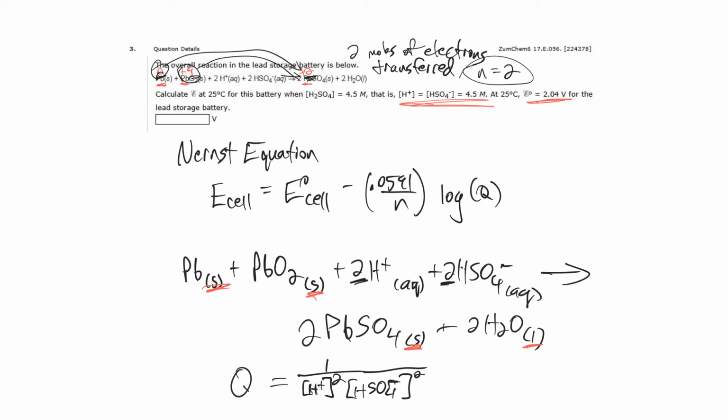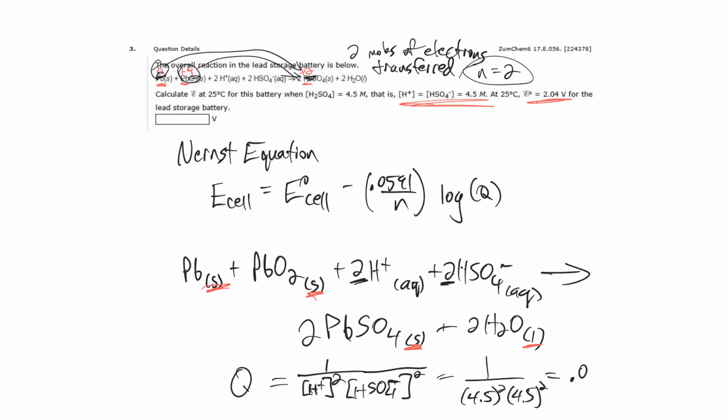Up above, they gave us the concentrations of hydrogen and bisulfate. So if we plug in, we get 4.5 for each of those, and it's got to be squared. Punch that into your calculator, 1 over 4.5 to the 4th power, if you're multiplying those.